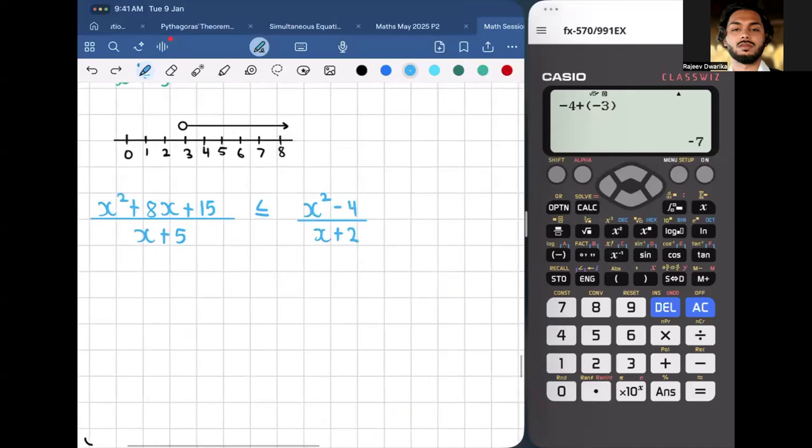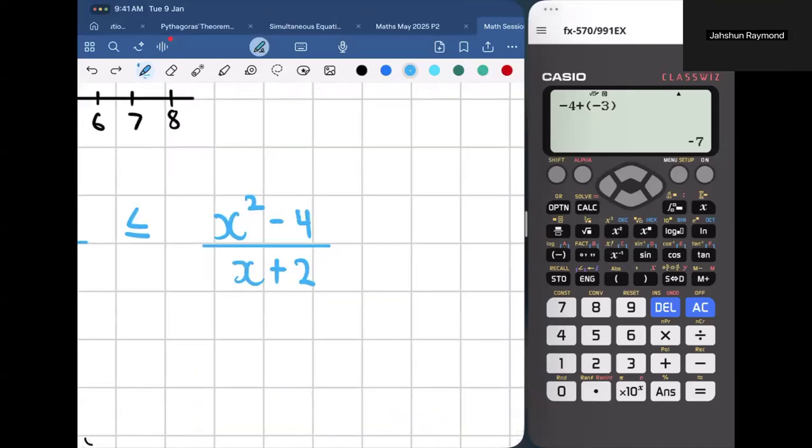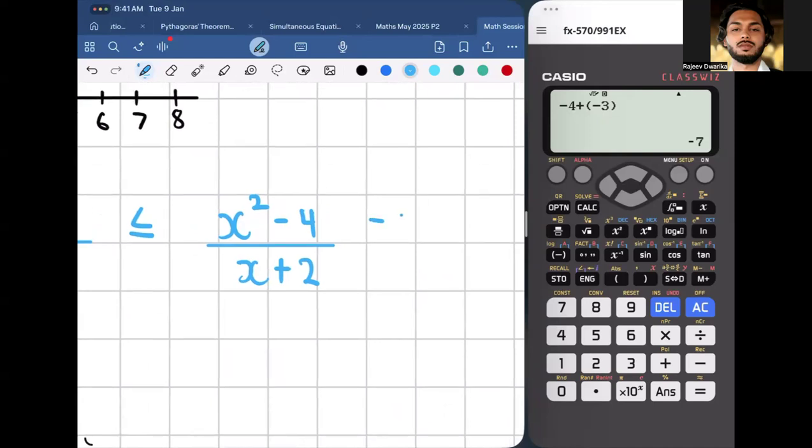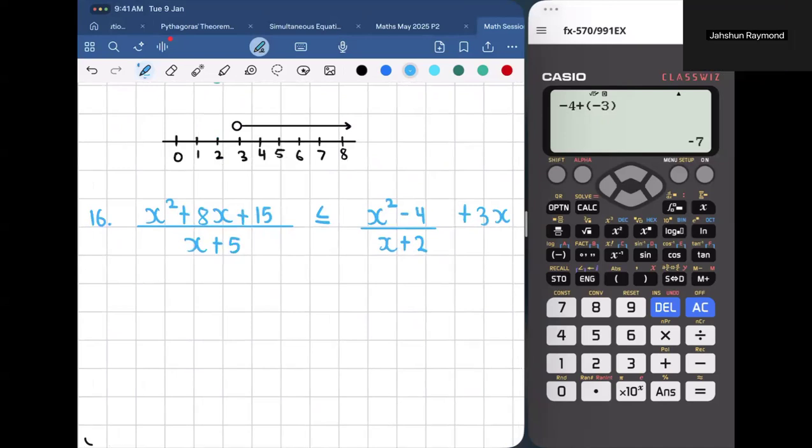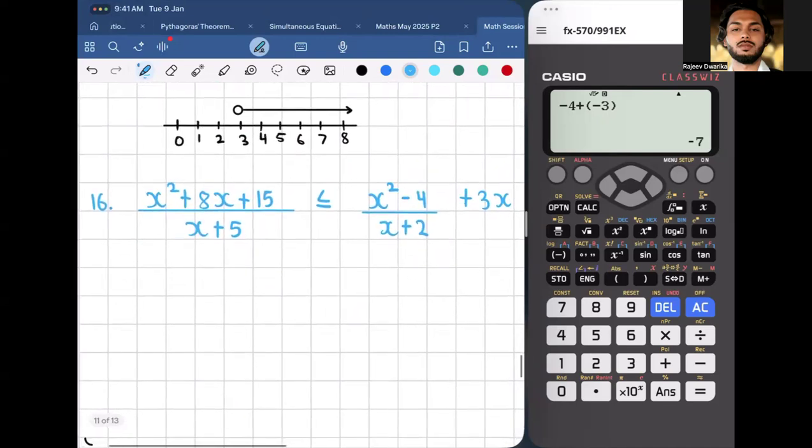On your right hand side, I'm gonna add something on. It wouldn't change up what you have so far. That should fix the problem, right? So do you understand what I just did? I just added on a 3x.